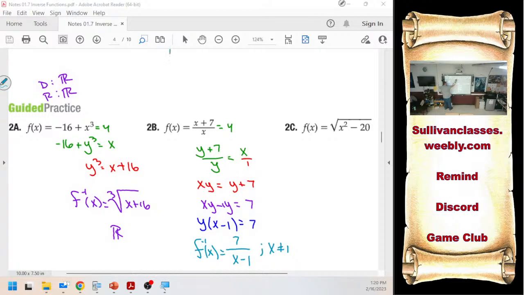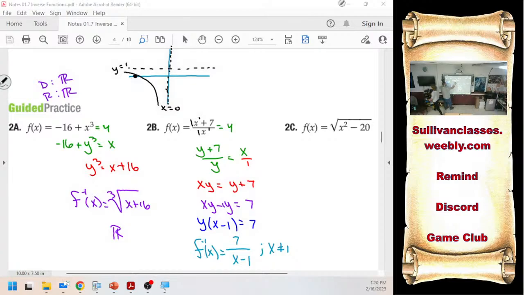But this guy, if I were to graph it, there's a vertical asymptote at 0. There's a horizontal asymptote at 1. There's an x-intercept back at negative 7. We're going to review all of this in section 2.5.